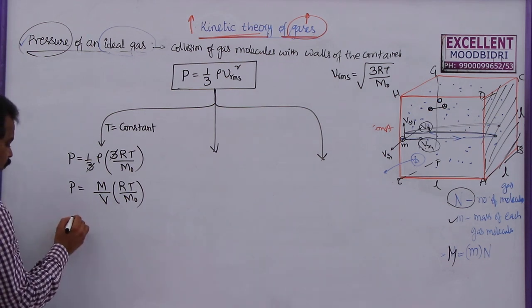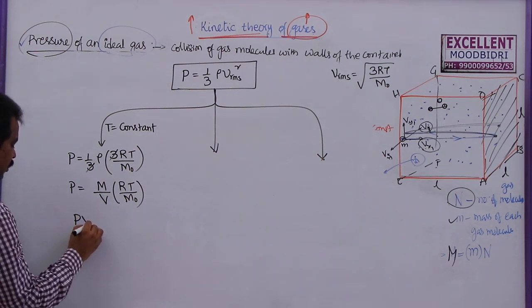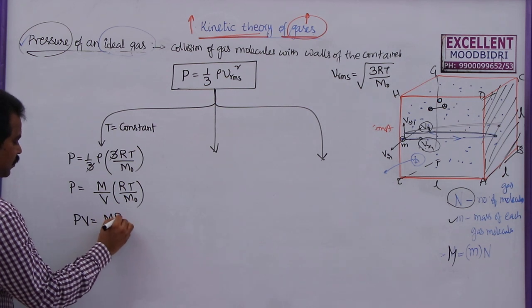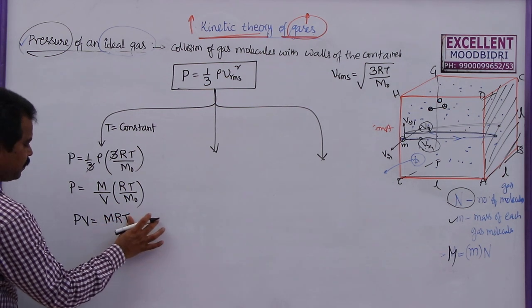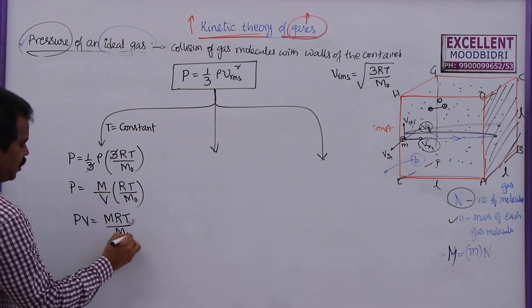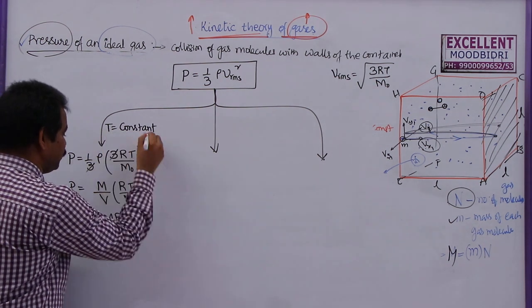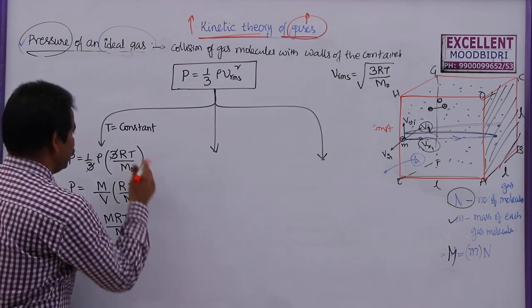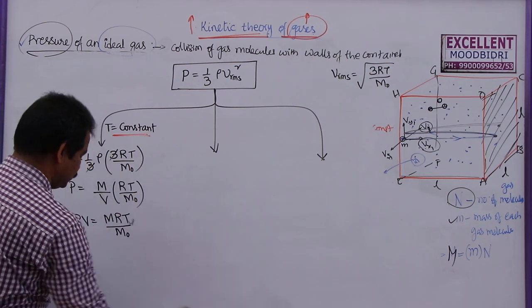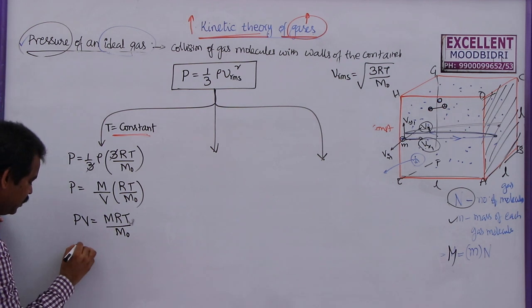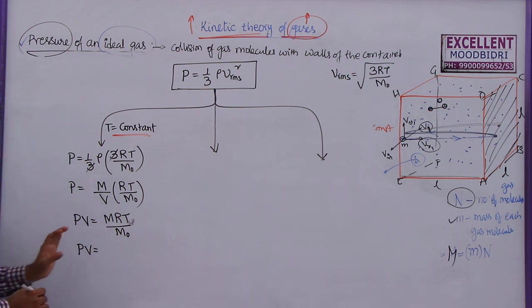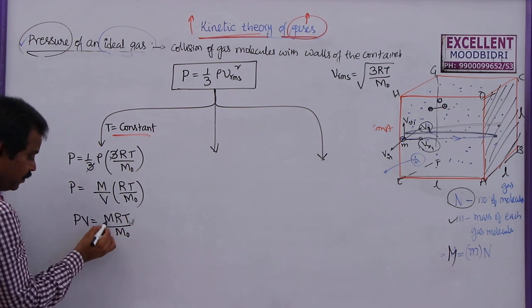Now, this can be written as PV is equal to mRT by m naught. As I assumed that the temperature of the gas is constant, what are the constants on the right side?